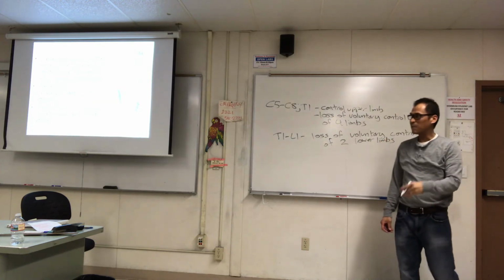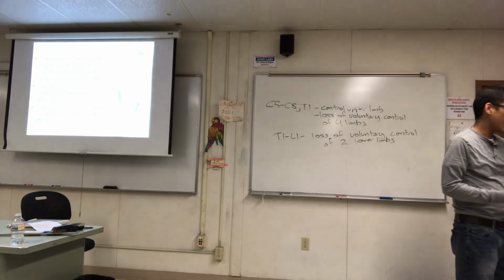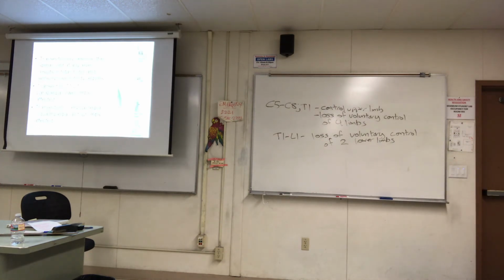And inferior to that, maybe you could still walk, or maybe you just need a cane. But the concept is you lose the function of the cell bodies, you don't get it back. These neurons don't regenerate. They're amitotic. That's why spinal cord injury is very serious.